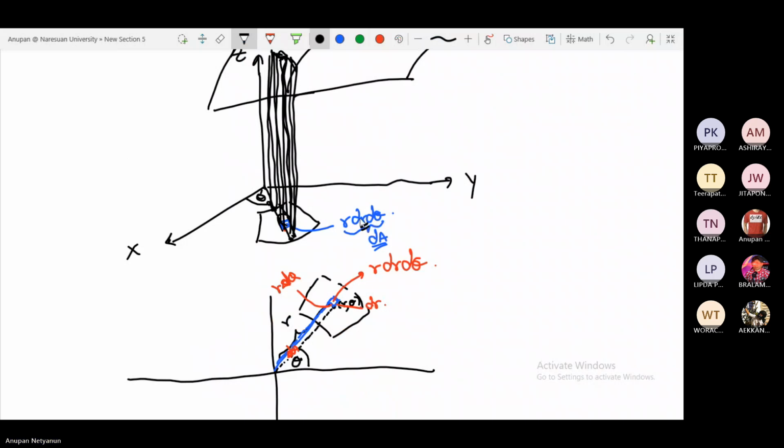Now, that means after you finish the first integration, you have a line of pole, right? Then you do the integration with respect to theta, okay? That means your theta starts from this angle to this angle, which means at each angle, you have a line of a pole.